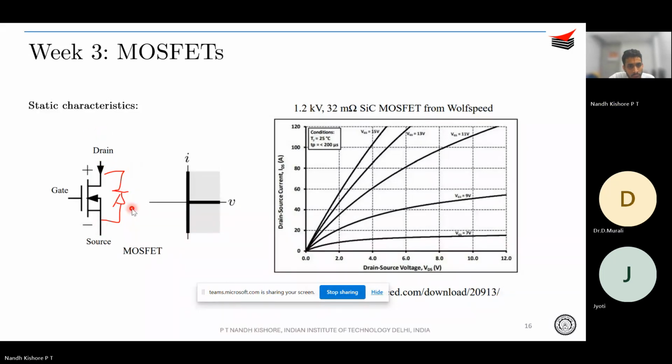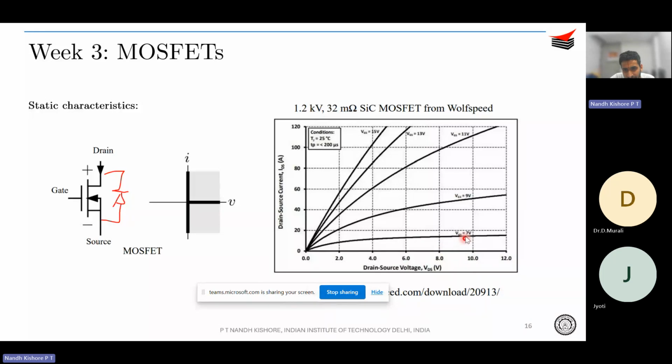This is an idealized characteristic, but similar to BJTs, based on the drive over here, the current would also change. This is shown for a commercial 1.2 kV, 32 milliohm SiC MOSFET from Wolfspeed, one of the device manufacturers. This is the VDS versus IDS curve, the static VI curve.